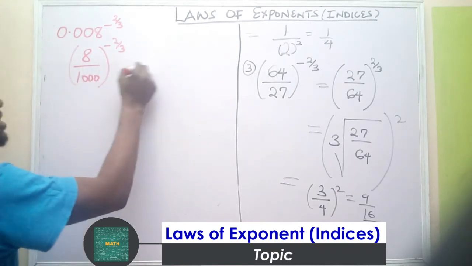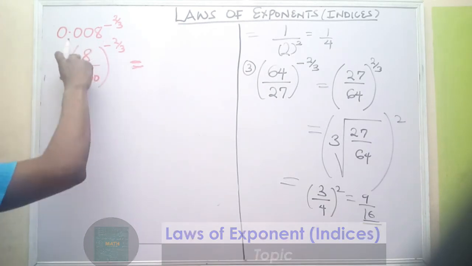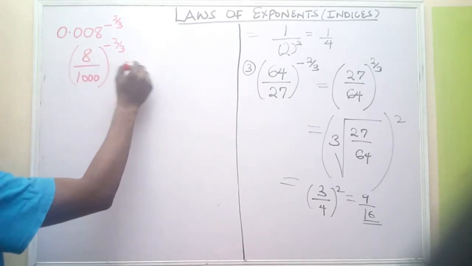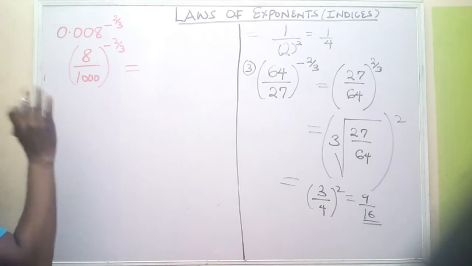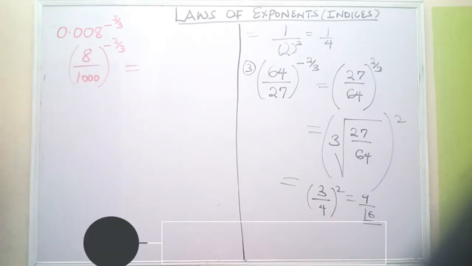Now the next thing here, I have a fractional base and a negative exponent. What I said in my previous video, if you have a fractional base and you have a negative exponent, the negative disappears, and then the fractional base becomes the inverse.